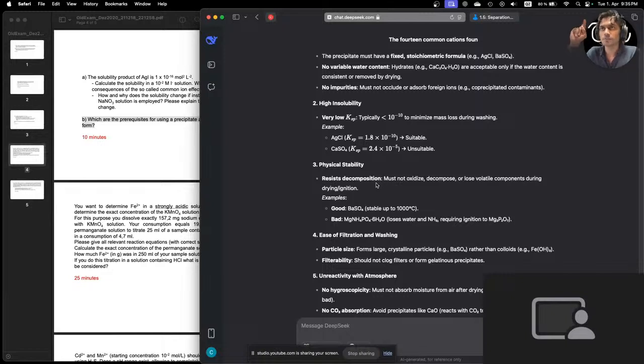The solubility product constant should be really low, numbers below 10 raised to minus 10. Okay, got it. Physical stability: resists decomposition, must not oxidize, decompose, or lose volatile components during drying and ignition. So this should resist decomposition. Barium sulfate.